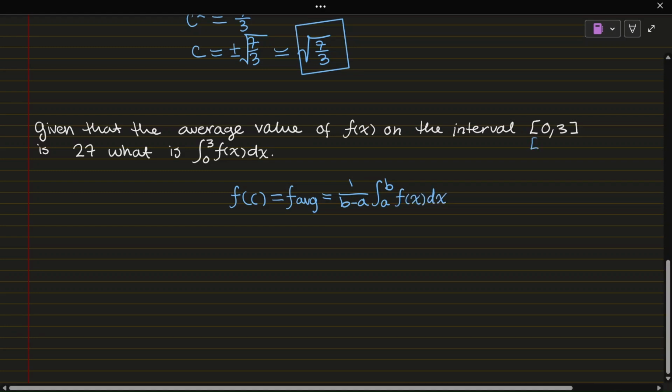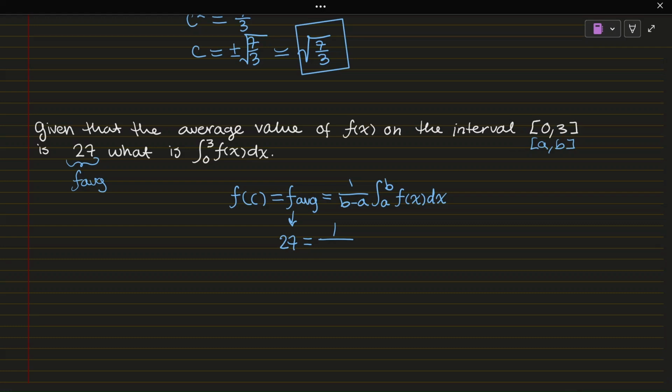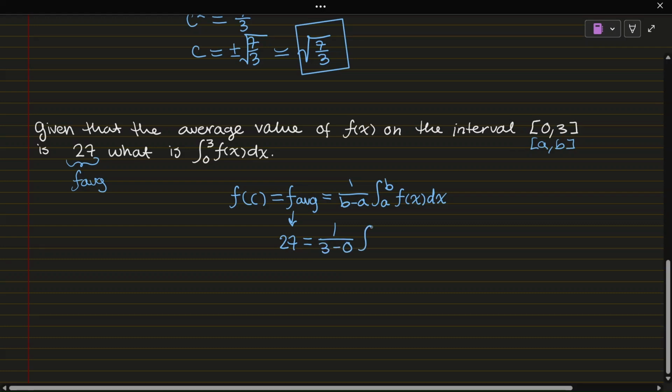Plugging in what we have here, my interval a, b, and this 27 is f average, we have 27 equals 1 over 3 minus 0 times the integral from 0 to 3 of f of x dx.